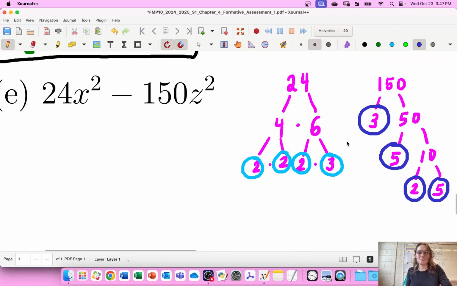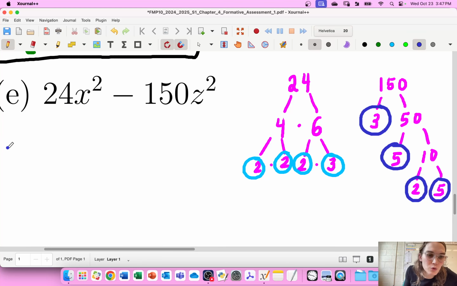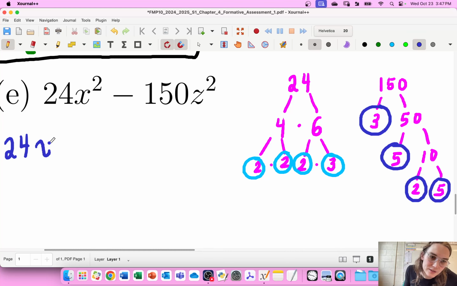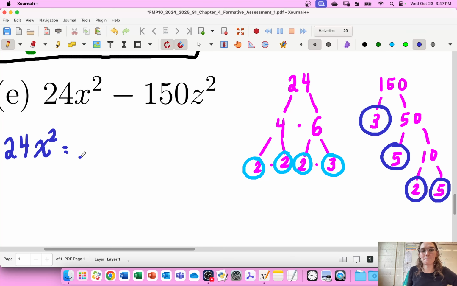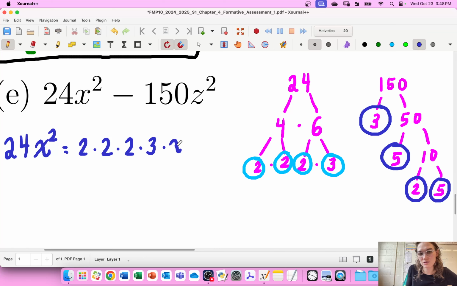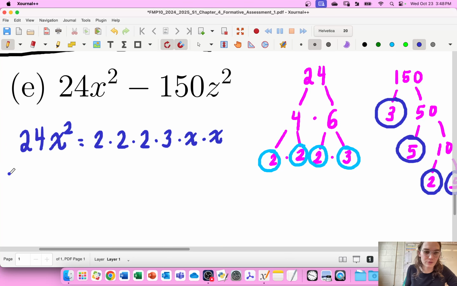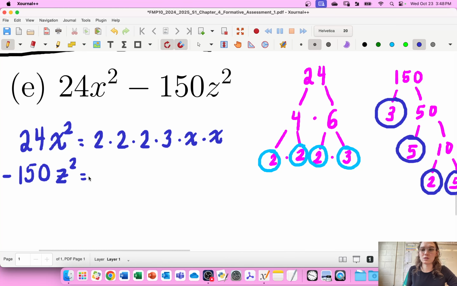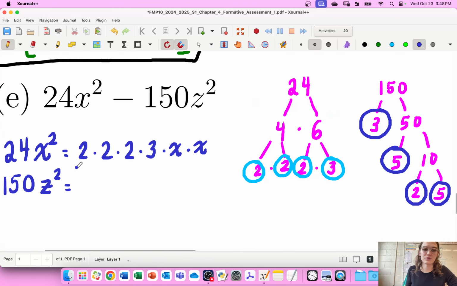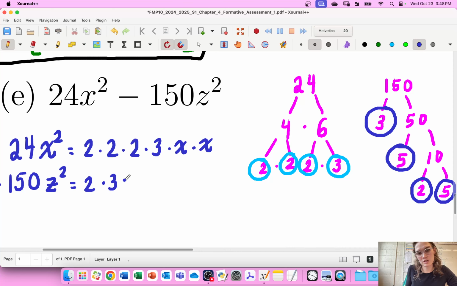So 24x squared is basically 2 times 2 times 2 times 3 times x times x. -150z squared is going to be like 2 times 3 times 5 times 5 times z times z.